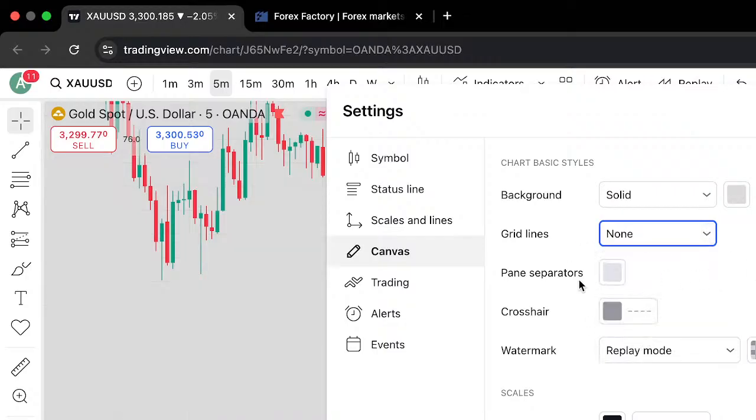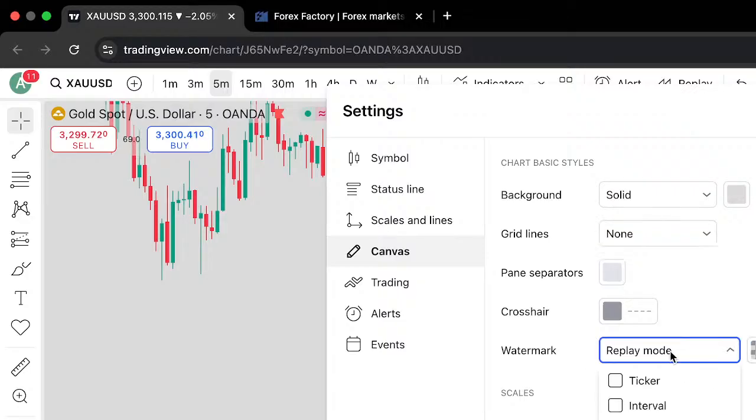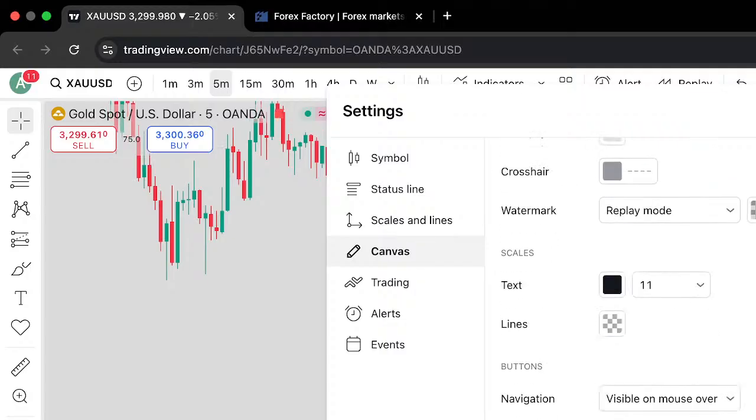How about this? Grid lines being taken off. It's wonderful. Yeah, let's put our own watermark. Can we do that? Can I? Yeah, I think. Let's see. Where did I put my watermark?